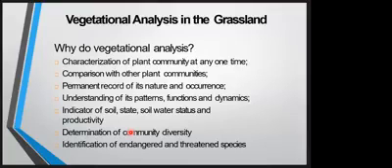So, and of course, indicator of soil. You can only do vegetational analysis when you also test soil quality and other soil status and productivity in the area, because you might notice that there are many plants here but only a few there.